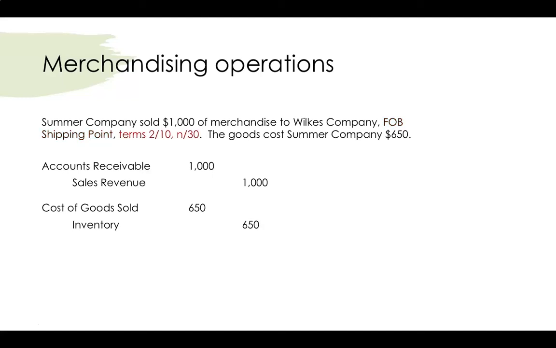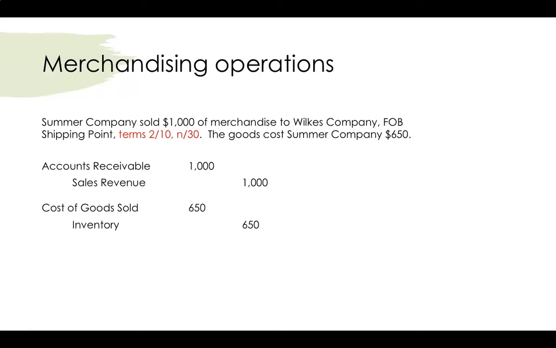Now, the other piece that was introduced in Chapter 5 were these terms, right? So whenever we saw terms, that replaced the terminology of on account, right? We knew that if there were terms, then that must mean that the sale or the purchase was made on account.